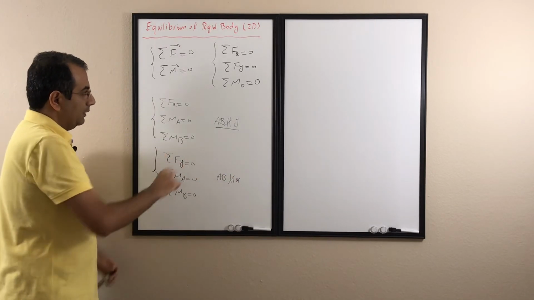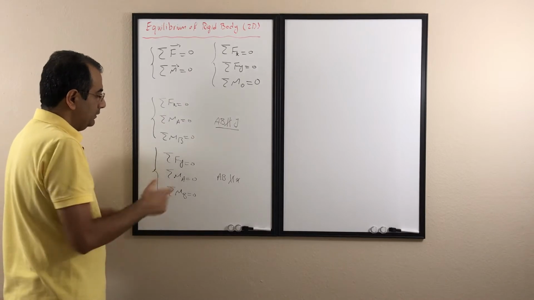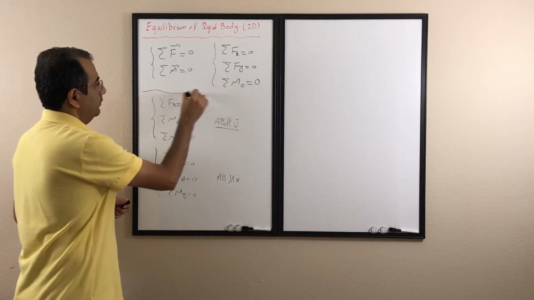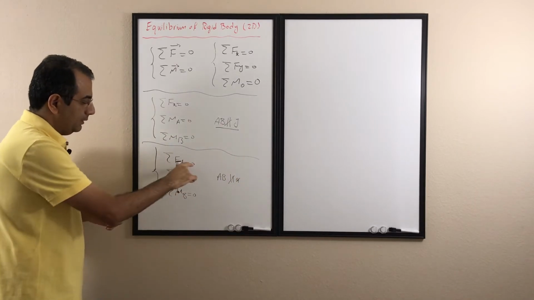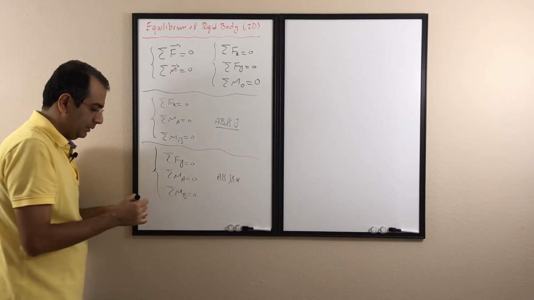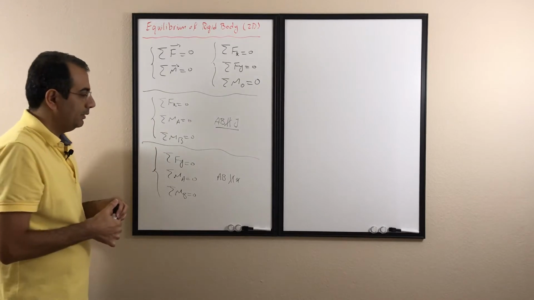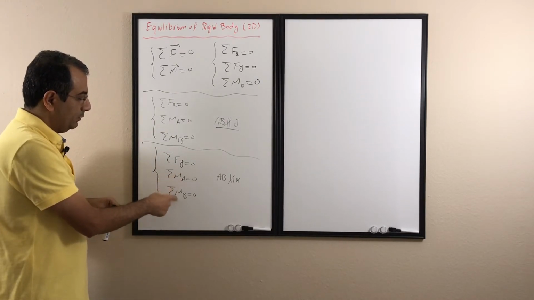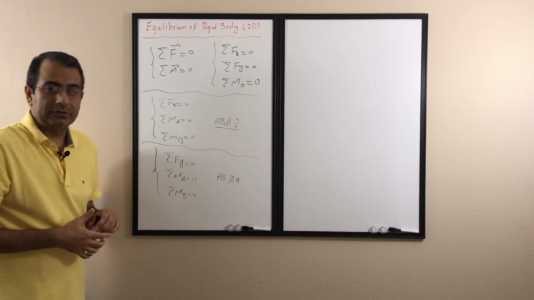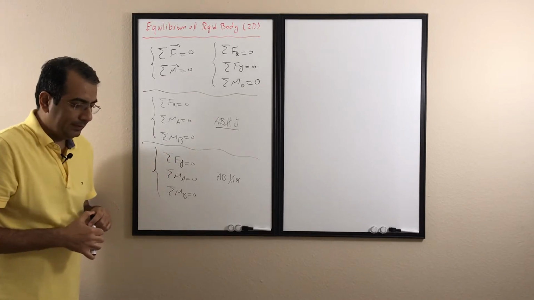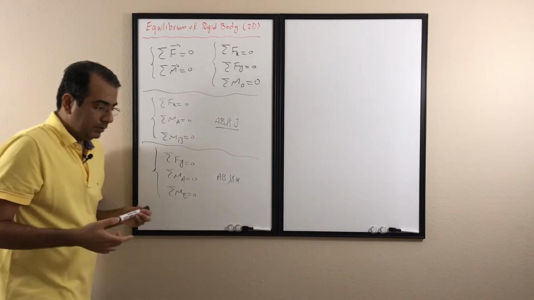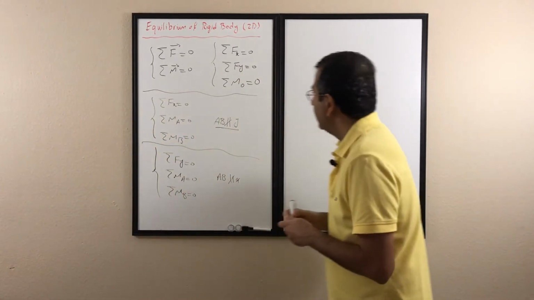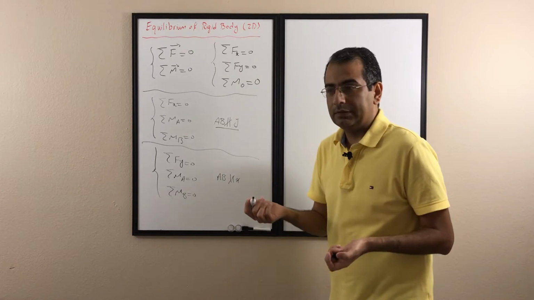we make sure that all the forces in the y direction are 0, and again any two given points A or B. If we write the moments about them and satisfy these three equations, then the object is in equilibrium. And also we can write it in another form to make sure the object is in equilibrium.